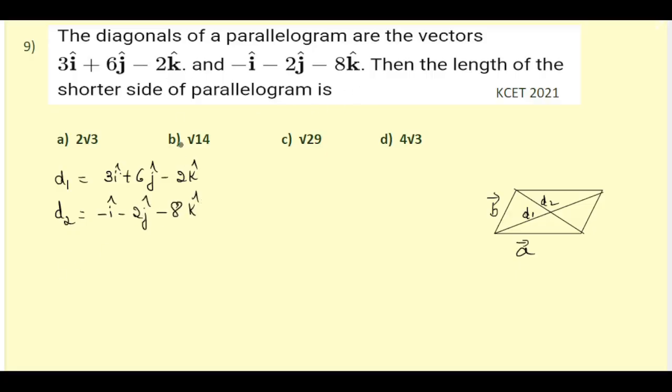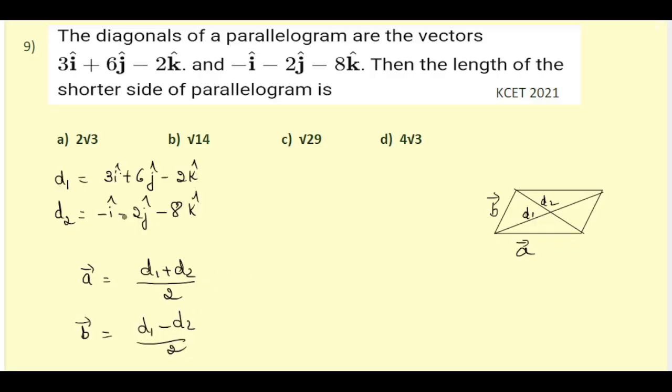Now to find the sides of the parallelogram, we can use the formula A vector equal to d1 plus d2 divided by 2, and B vector equal to d1 minus d2 divided by 2.